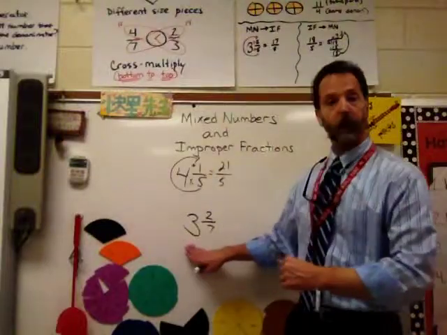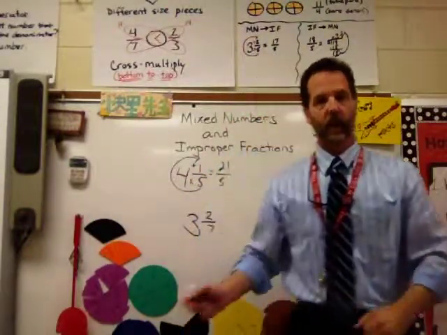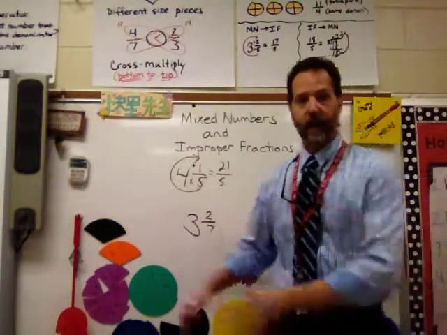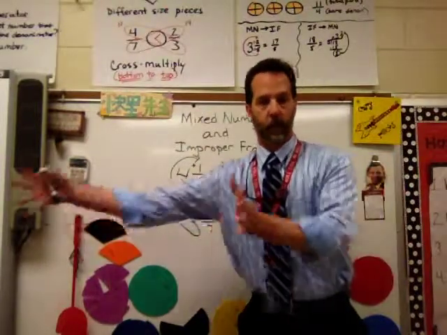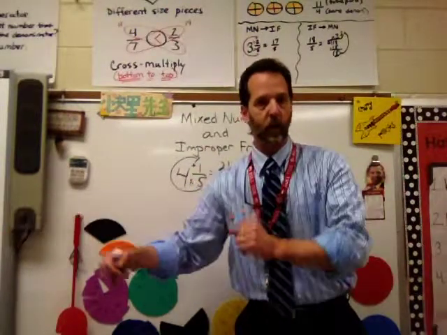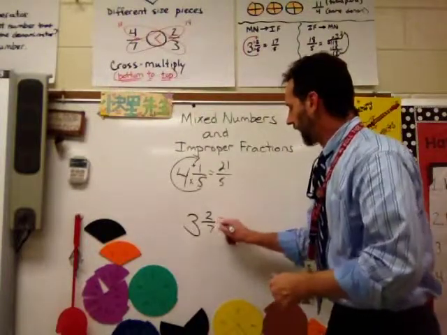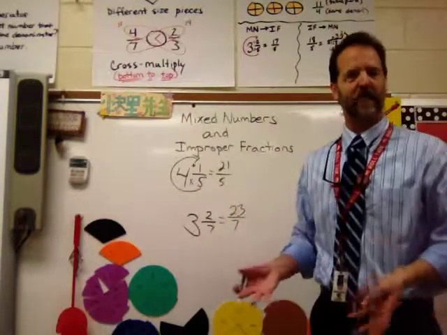And we have 3 whole ones. 7, 7, 7. In the last picture, we only have 2 parts. So we have 7, 7, 7, 2. 3 times 7 is 21, plus 2 more, 22, 23. So we're going to have 23, and your denominator stays the same, sevenths.